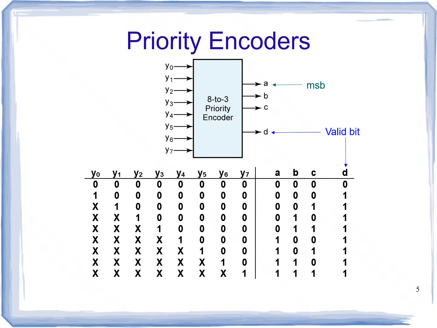Based on the priority, it will consider only the MSB bits, so the output will be given as per the input. If all the input bits are 0, then the valid bit is 0. If any one of the inputs is high, then the valid bit is 1. So based on the priority, it assigns the output based on the input.